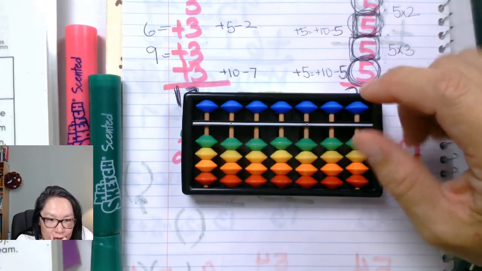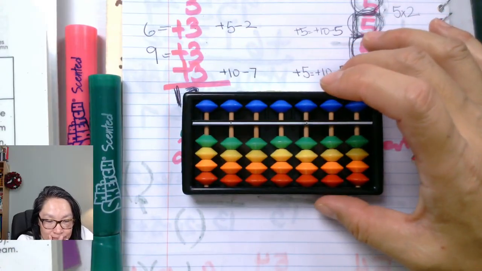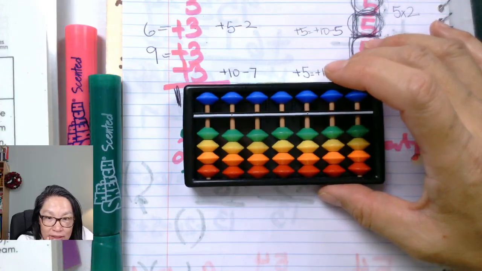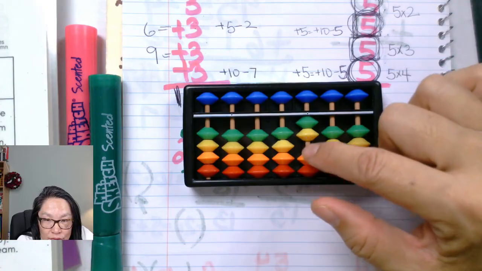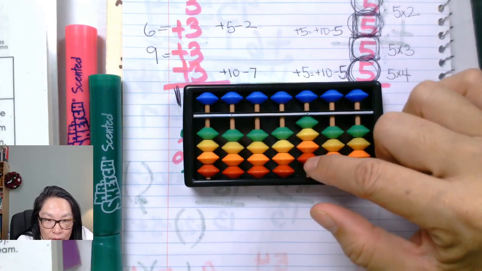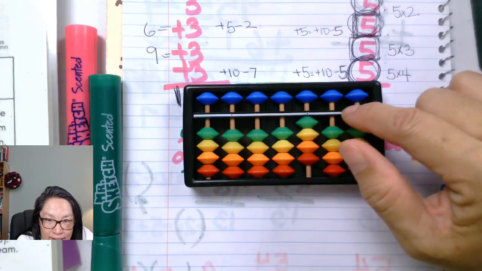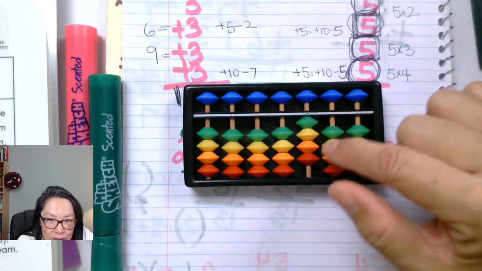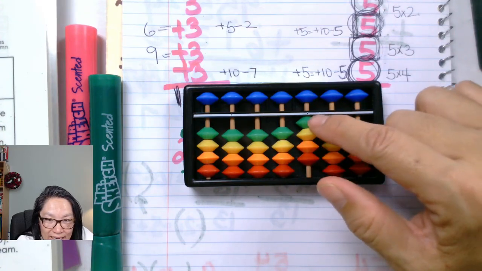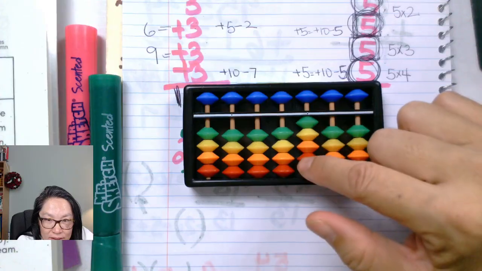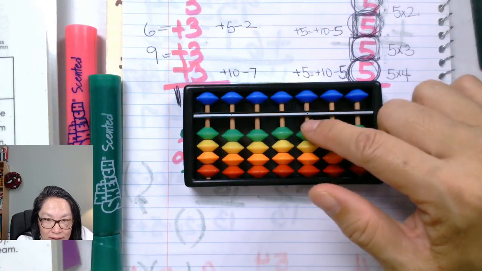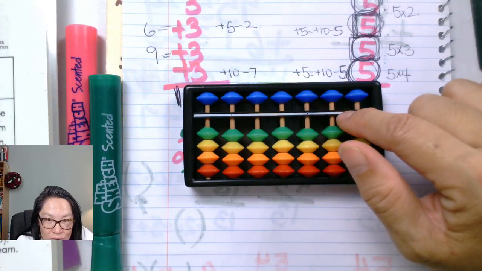So we're going to review. This will be good. This will be 1, 2, 3, 4. Anytime the beads are touching the horizontal bar, they're being counted. 1, 2, 3, 4. When they're not being counted, this is now 0.